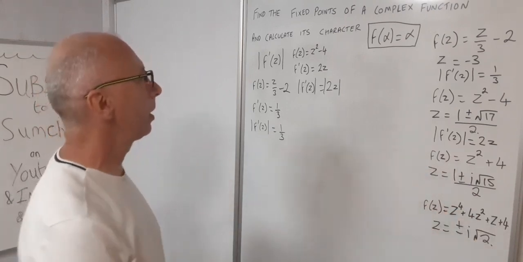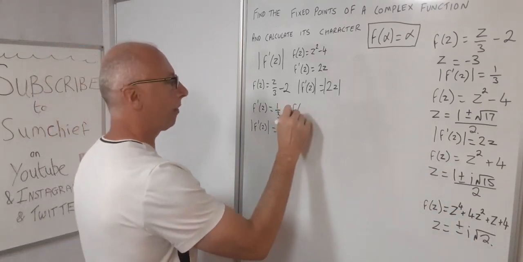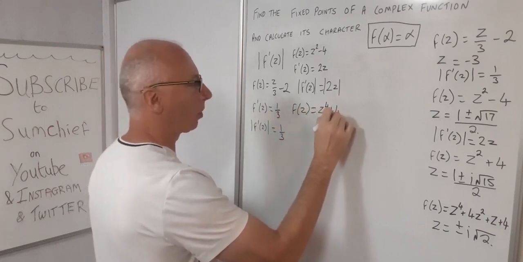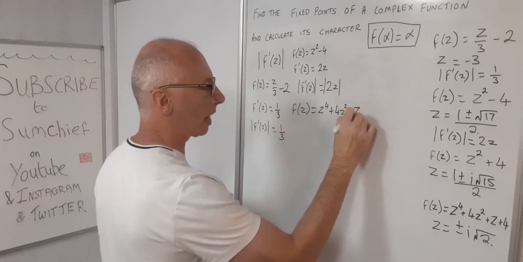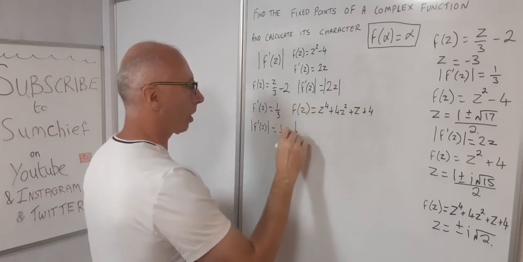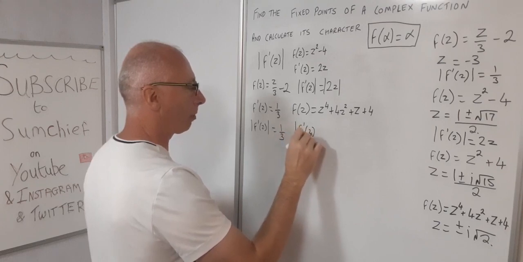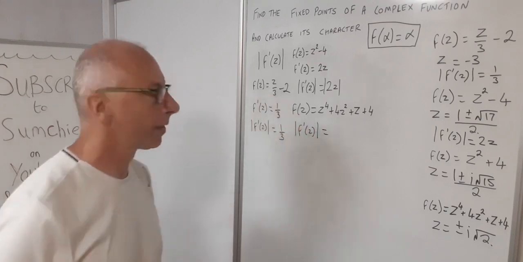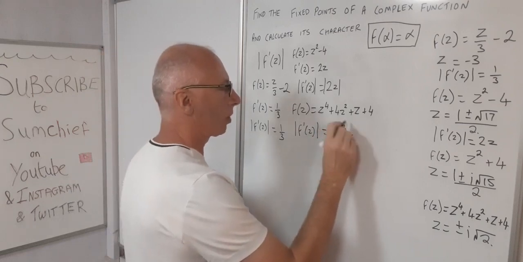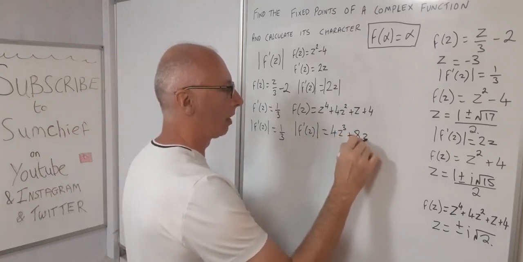This one here, a little bit more work. So f of z equals z to the 4 plus 4z squared plus z plus 4. So let's go straight into the derivative of that. That's a pretty straightforward derivative to take. We're going to have 4z cubed plus 8z plus 1.